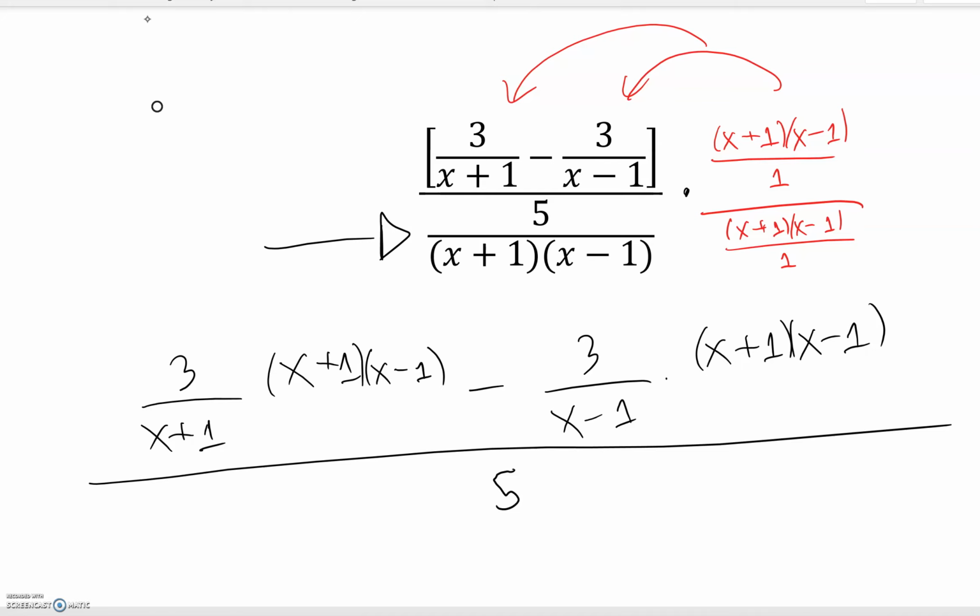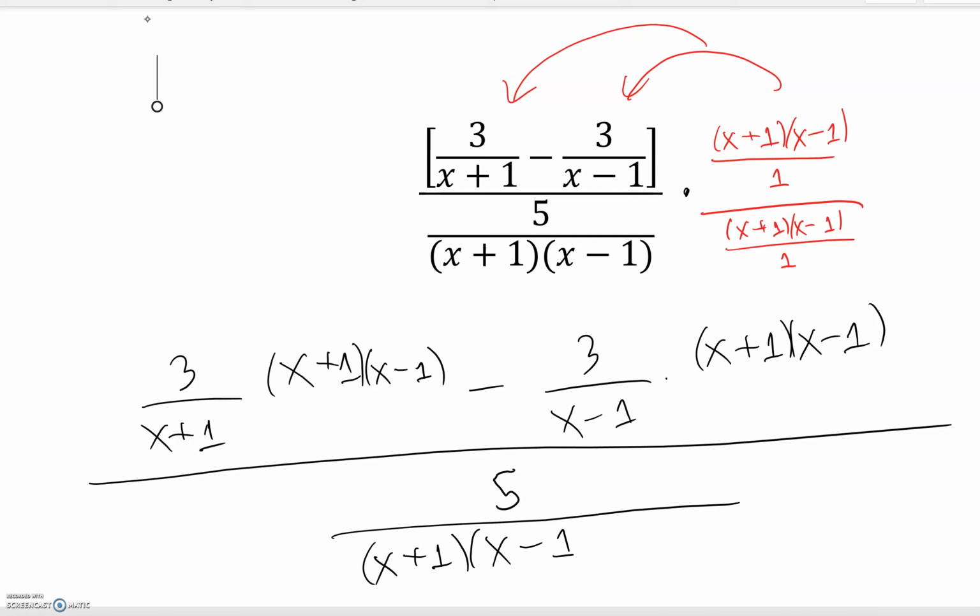Well, what's going to happen? The x plus 1s will cancel, the x minus 1s will cancel, right? I'll still write it here just so you can see what that step looks like. So let's see the cancellation.